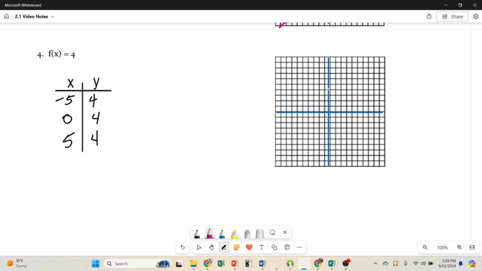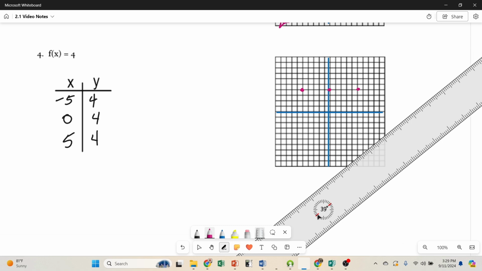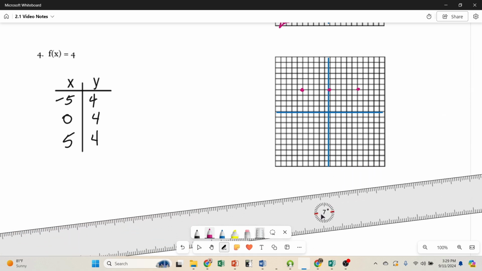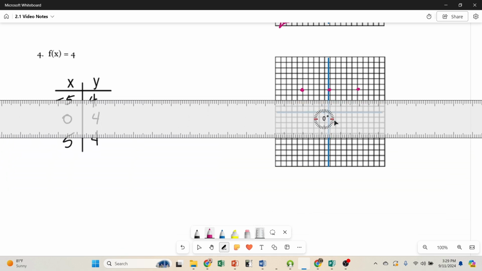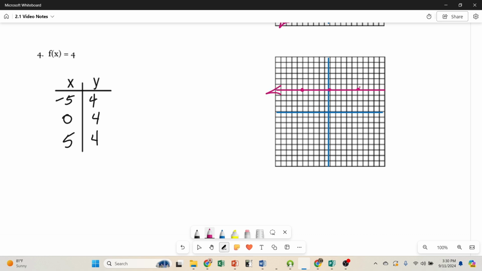So this is going to look like this. Here's a hint: what kind of line is this? This is a horizontal line. So anytime you get a function that's just equal to a number, it's going to be a horizontal line.